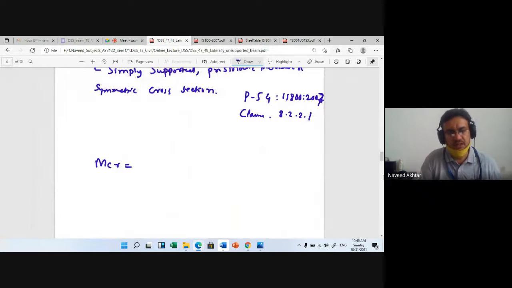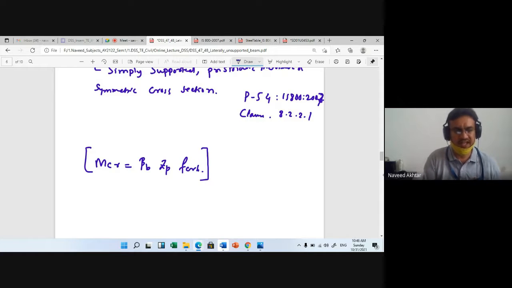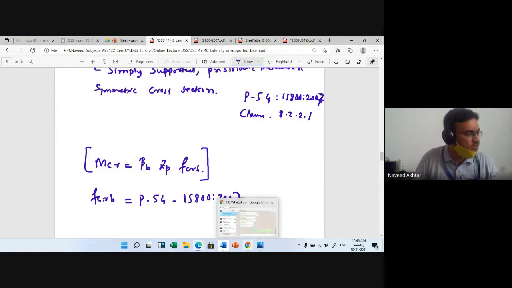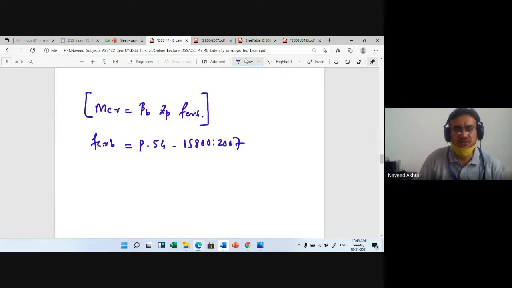From this also you can find MCR. Then again you have to find the FCRB, and the formula for FCRB is given on page number 54 of IS 800:2007. So you can find FCRB, or directly find the MCR and put the values.